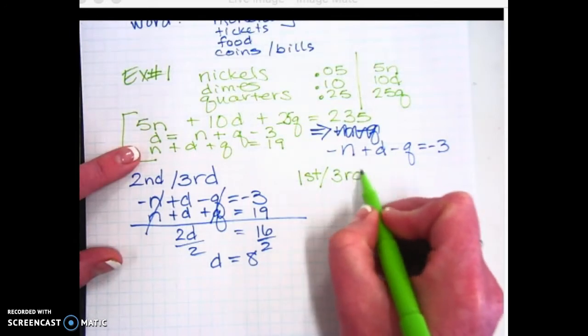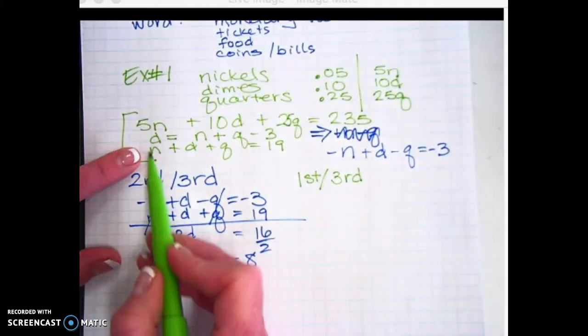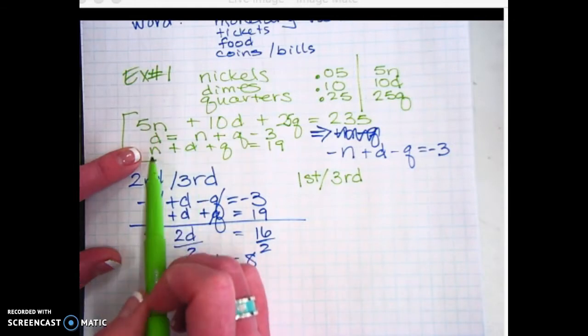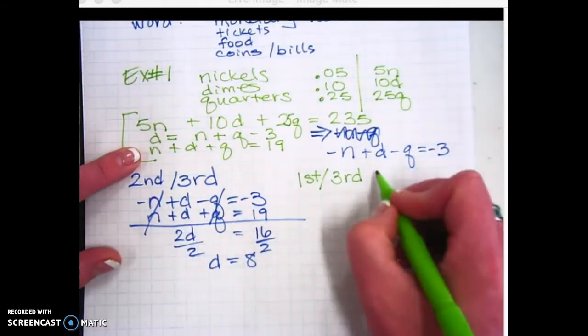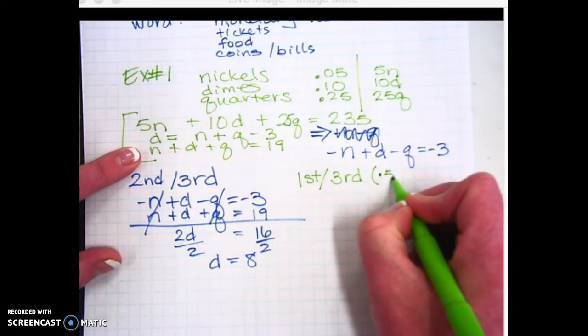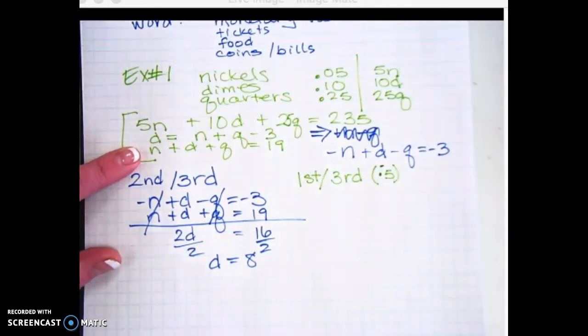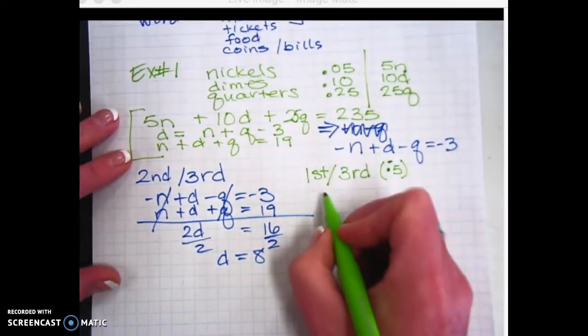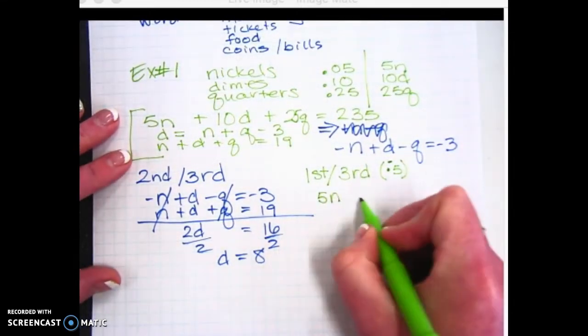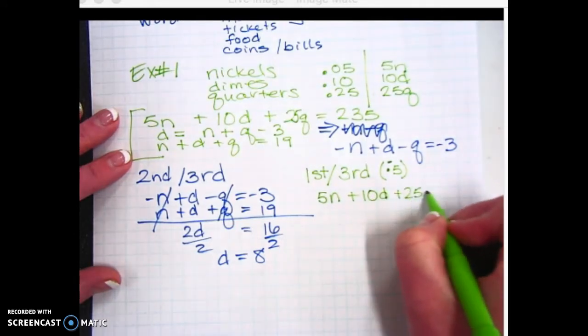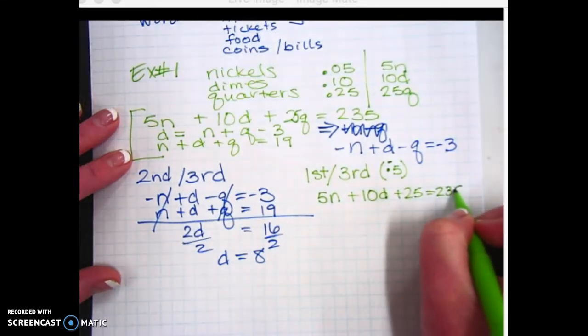But I want to take that third equation and let's multiply it by negative 5. So we have the opposites on our end. So in parentheses, I'm just going to write times negative 5, just so I know what I did. Okay, so let's write the first equation, which is 5n plus 10d plus 25q equals 235.